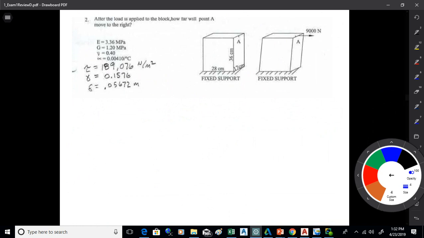Looks like a little bit of a problem there to figure out the deformation. How far will point A move to the right? I'll let you look at that, but think about what type of stress that is, and what the different definitions are when you're going through that.